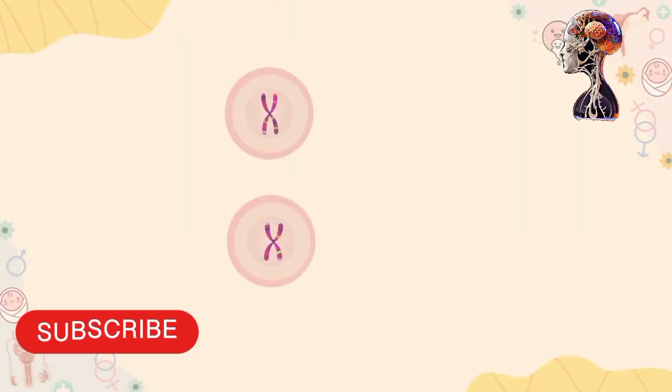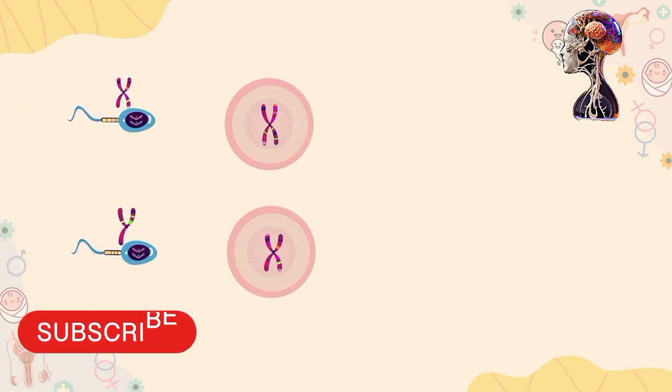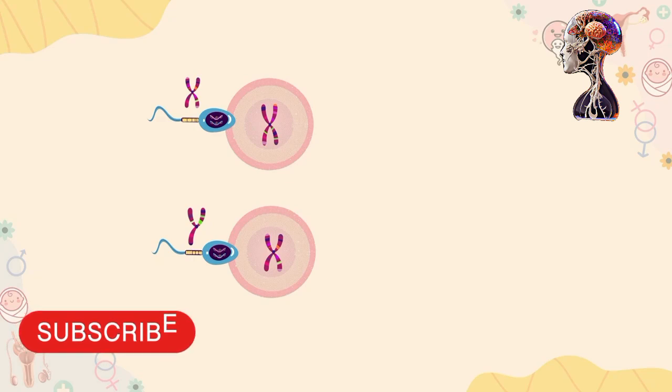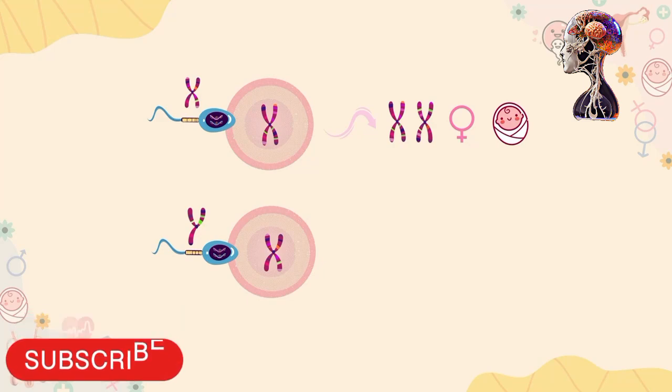Each egg carries one X chromosome, while sperm carries either an X or a Y chromosome. So, it's pretty clear that when an X-bearing sperm fertilizes an egg, a female is conceived, as females have XX chromosomes.